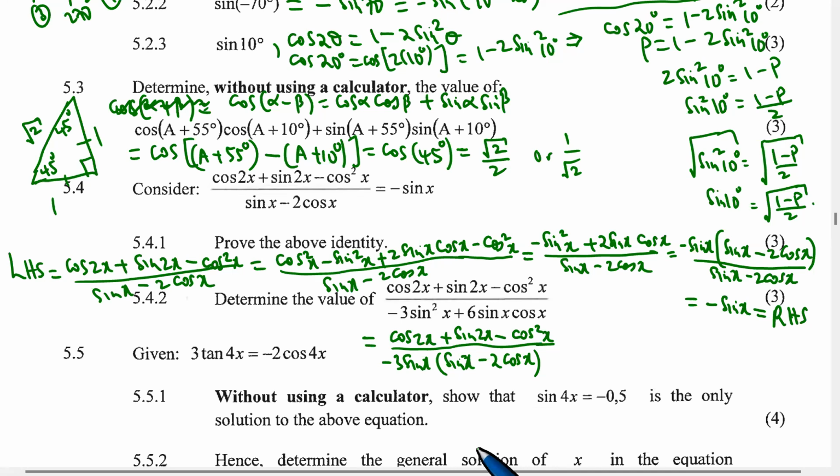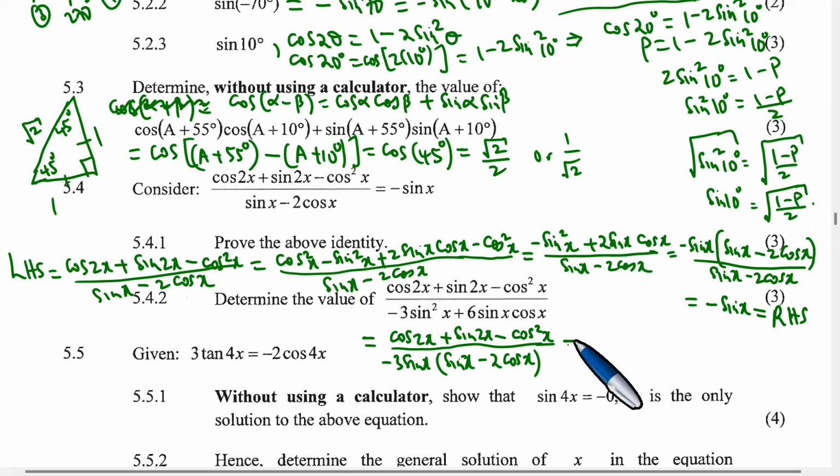And if you look very carefully, the top is cosine 2x, sine 2x, minus cosine squared x. The bottom is sine x minus 2 cosine x. So this is actually the same as these, but this whole thing is just minus sine x.